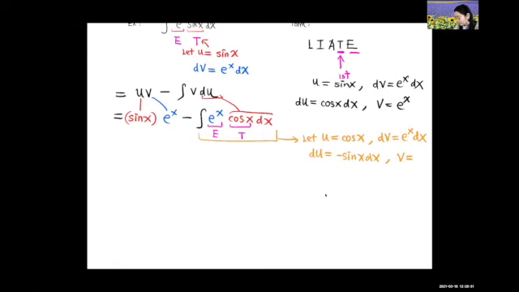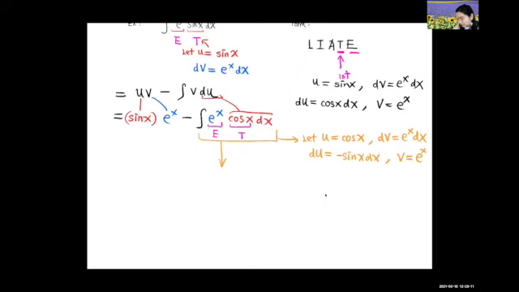The antiderivative of e to the x over here is e to the x. Good. So u is cosine x, dv is e to the x dx, du, the derivative of cosine x, is negative sine x, and the antiderivative of e to the x is e to the x. So we do it one more time. Then using integration by parts one more time, this one here actually becomes, what does it become?